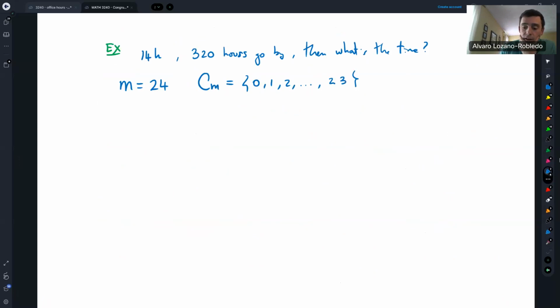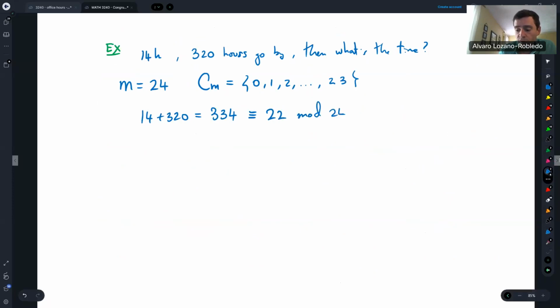So when we had 14 plus 320, that was 334. Then what we wanted to do was reduce 334 modulo 24 to see what hour of the day that was. And what we found out in our example is that 334 is congruent to 22 modulo 24.